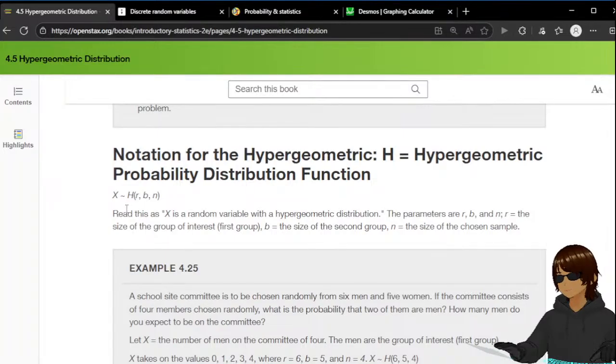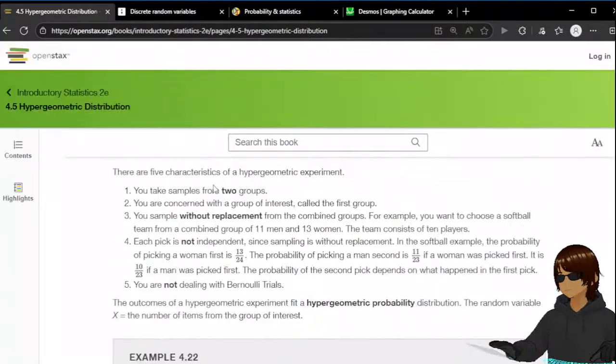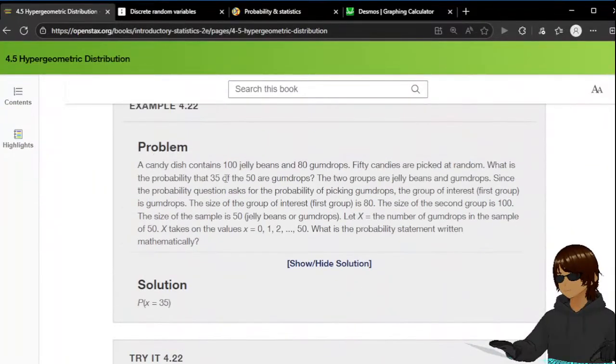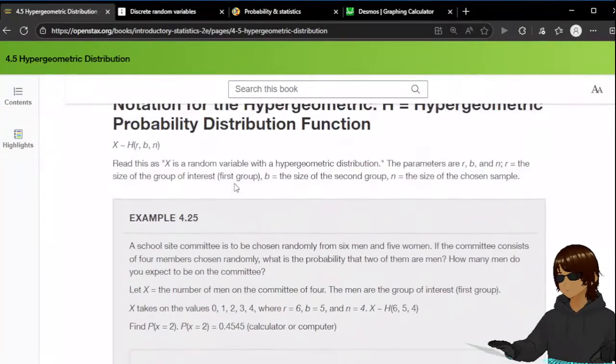R, B, N, read this as X is a random variable with hypergeometric distribution. The parameters are R, B, and N. R is the size of the group of interest, the first group. So R, for me, was the jelly beans. So R size was 100.